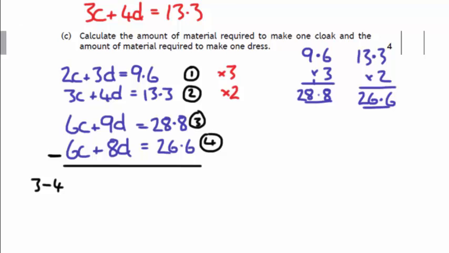So if we go equation 4 from 3, what we've got there is 6C minus 6C is nothing. 9D minus D is D. 28.8 minus 26.6 is 2.2. So we've worked out D is 2.2, and this is going to be in meters squared, so you end up wanting your answers in the correct units.